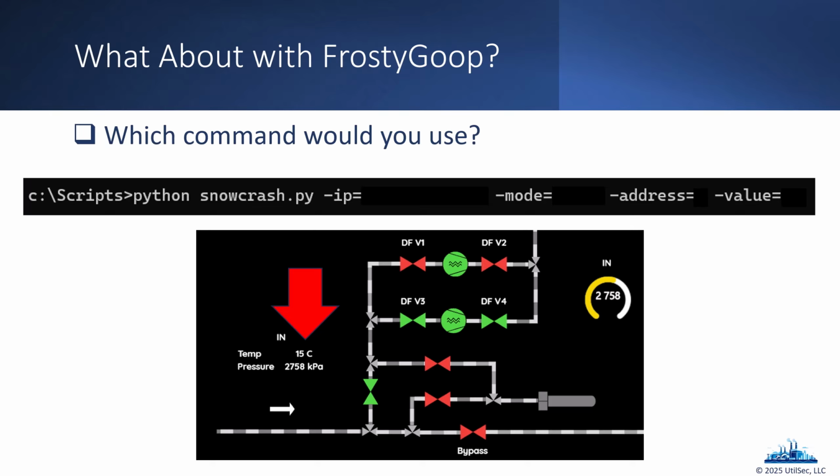Or how we would change the temperature or the flow of oil through a part of this plant by specifying the IP address, then the mode, basically read or write, and then the address. What address in memory are we changing, which coil, which register, essentially, and then the value. What do you want to change the value to?